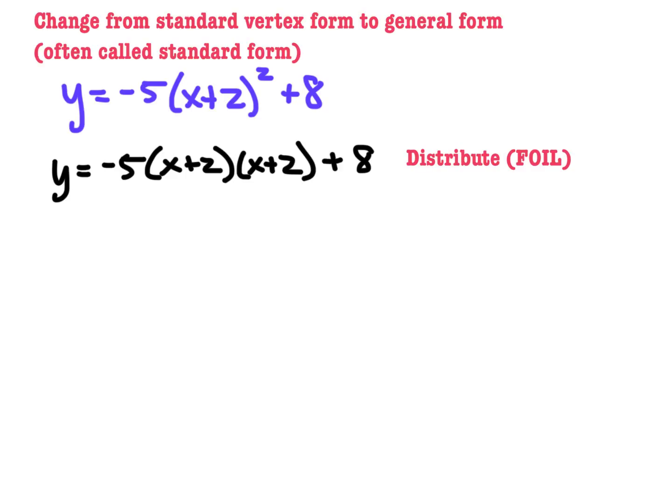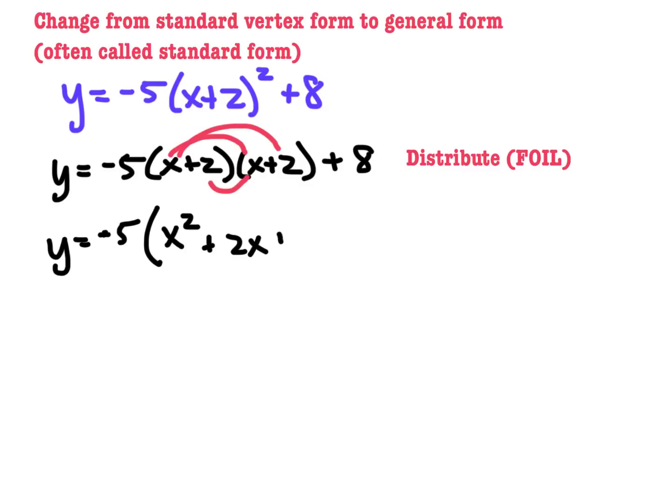At this point, we're going to want to distribute or FOIL. And what I mean by that is this is how we multiply the (x plus 2) times the (x plus 2). So we have y equals negative 5. Leave that out for a little while. And then we'll do x times x is x squared. X times 2 is 2x, and so on. 2 times x is 2x. 2 times 2 is 4, plus 8.